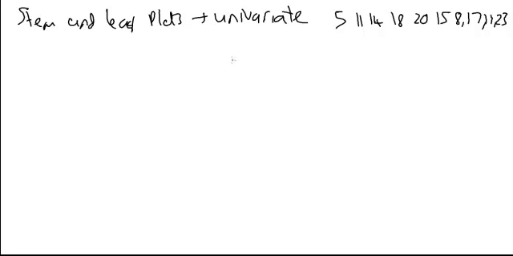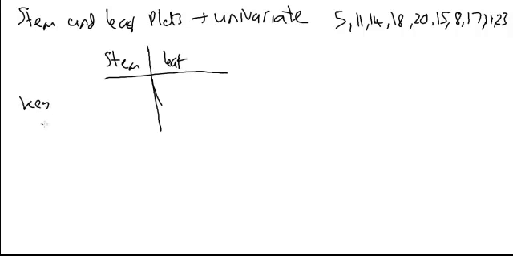So if I had that data, then the stem and leaf plot would be, well, we'd have the stem and the leaf. Let's say the key, so 1, the stem, that line 6 means 16 marks.